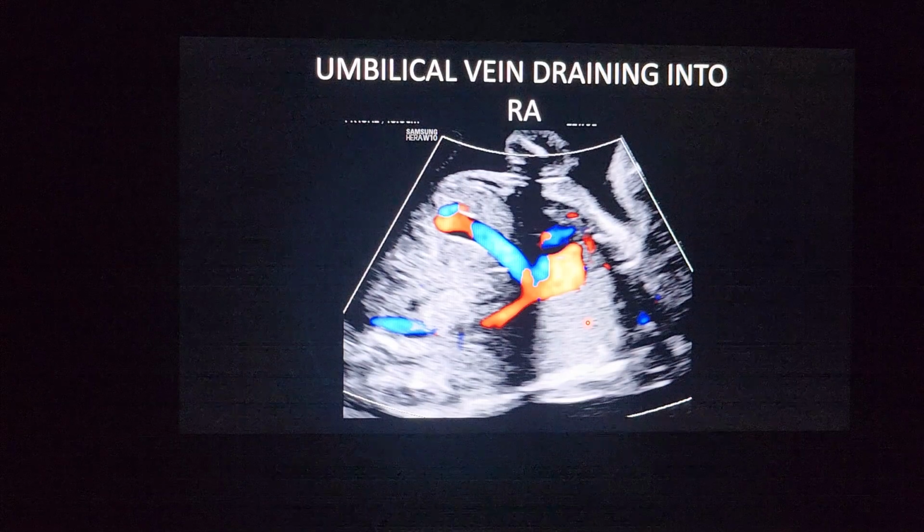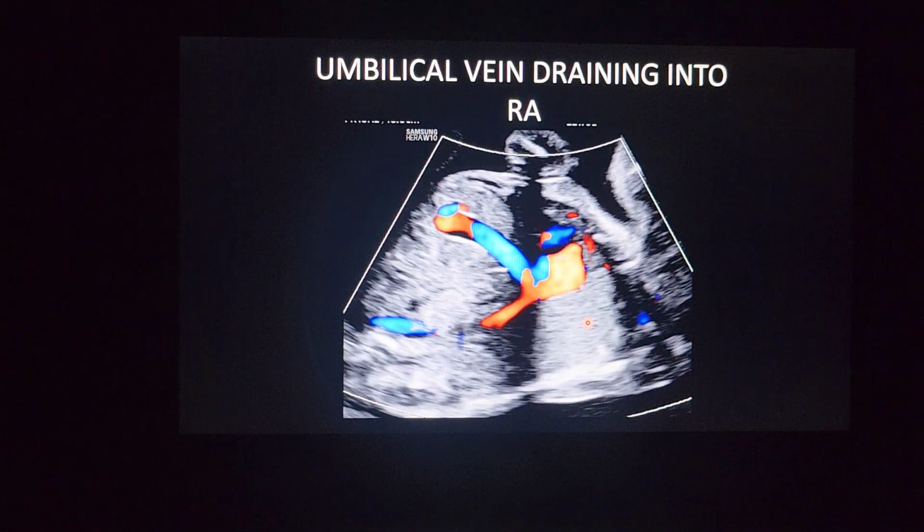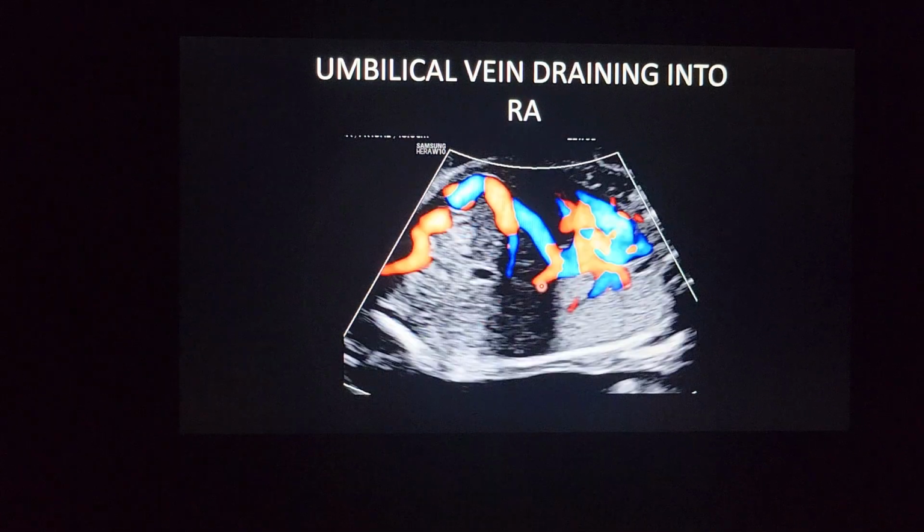So here you have the case. The umbilical vein is directly entering into the right atrium. It may look like it is entering the IVC, but we need to alter the scale. We need to use high frequency probes and look at the anatomy carefully, and you will realize that the umbilical vein is going straight into the right atrium.